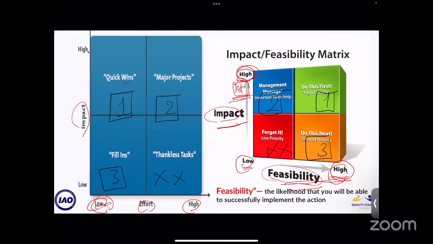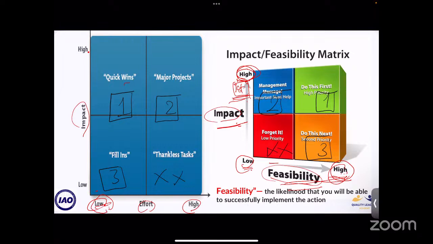Then you move to high impact and low feasibility. Always remember this one.